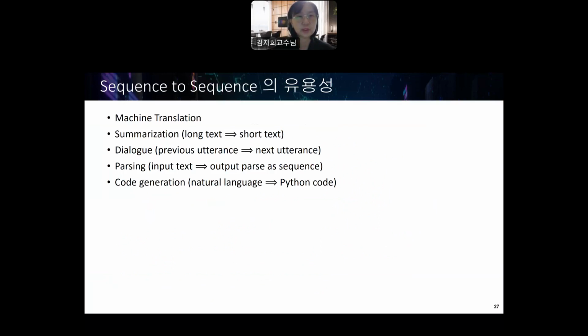It can be used for dialogue generation, like given the previous utterance, we can generate the next utterance. It can be used for parsing, so given text, we can create a parse structure as a sequence. It can also be used for programming language translation, from Python code to Java, or from natural language to Python, and so on.